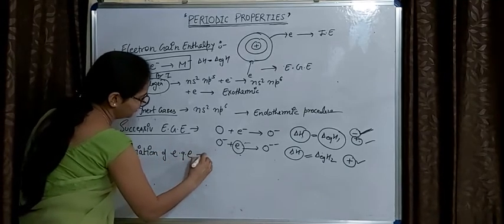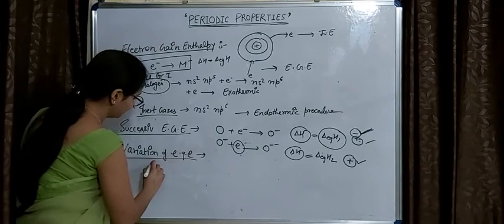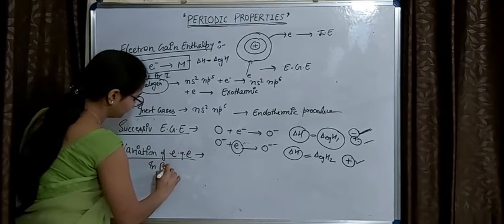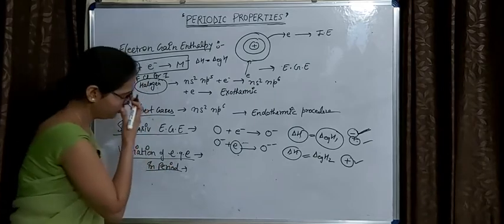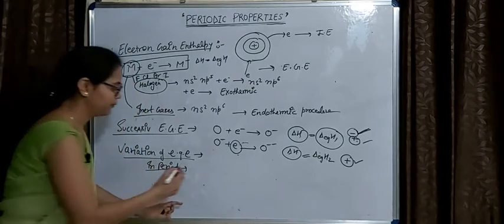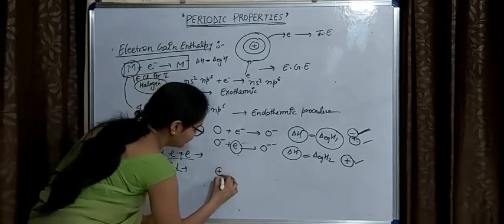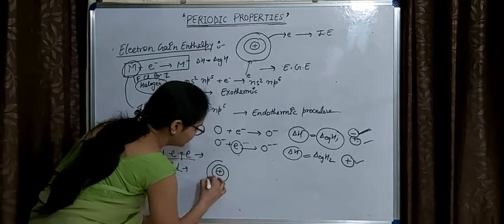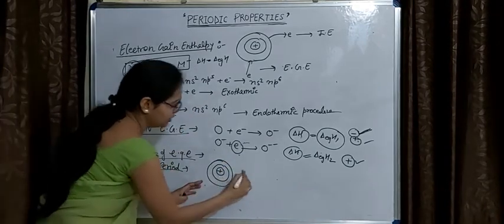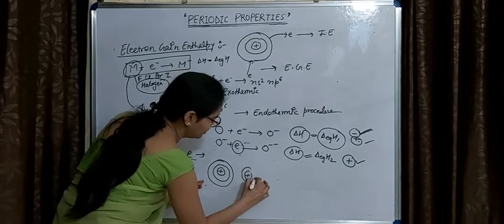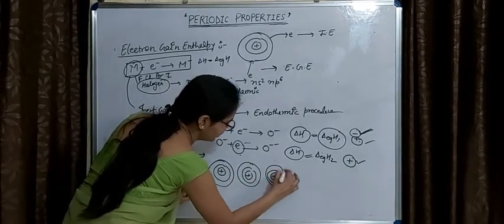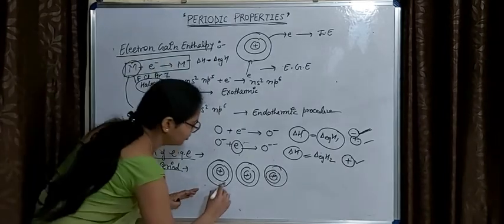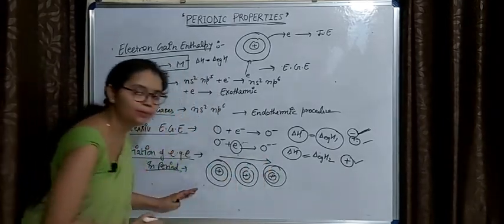First we will talk about the period. As I told you, in a period this type of condition occurs. Suppose this is the first element, this is the second element and this is the third element, and we are moving from left to right in a period.